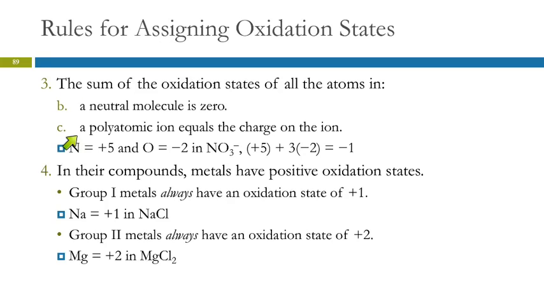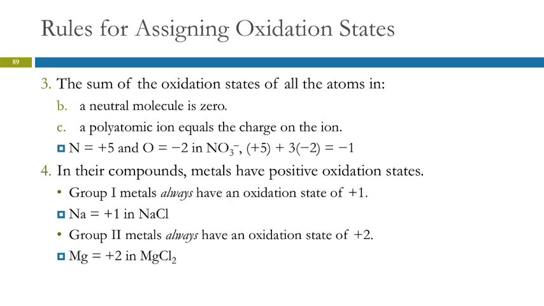In a polyatomic ion, the sum of the oxidation states is equal to the charge on the ion. So with all of those rules, we can think of oxidation states as being just like ion charges. In an ionic compound, the ion charges have to add up to 0 for the compound, right?